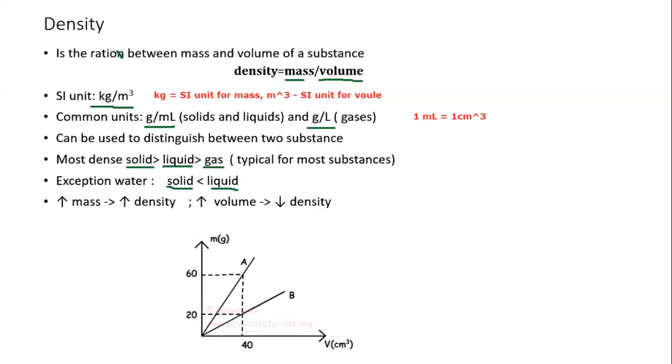And that's why if you have a cup of water, the ice floats on the water because ice is less dense than water. Now, if you increase the mass of your sample at constant volume, you're going to increase the density. If you increase the volume at constant mass, you're going to decrease the density. So a graphical way of determining the density of a substance is to plot the mass versus the volume of a substance.